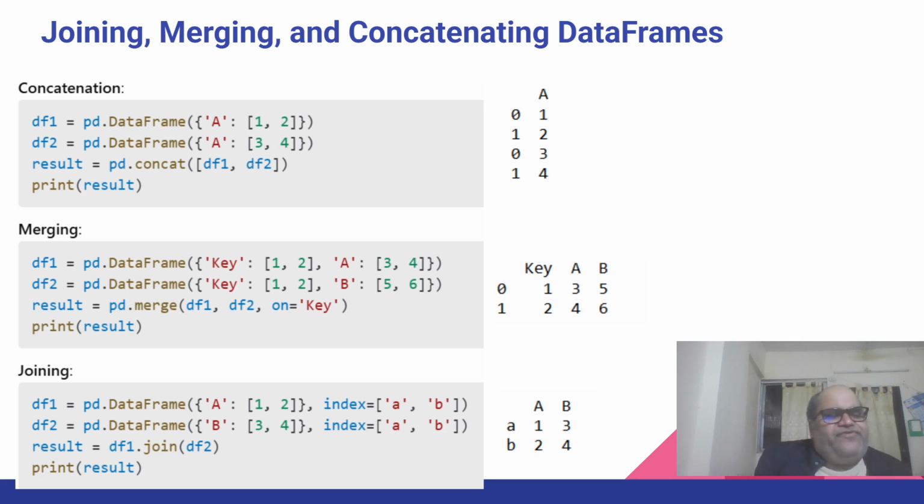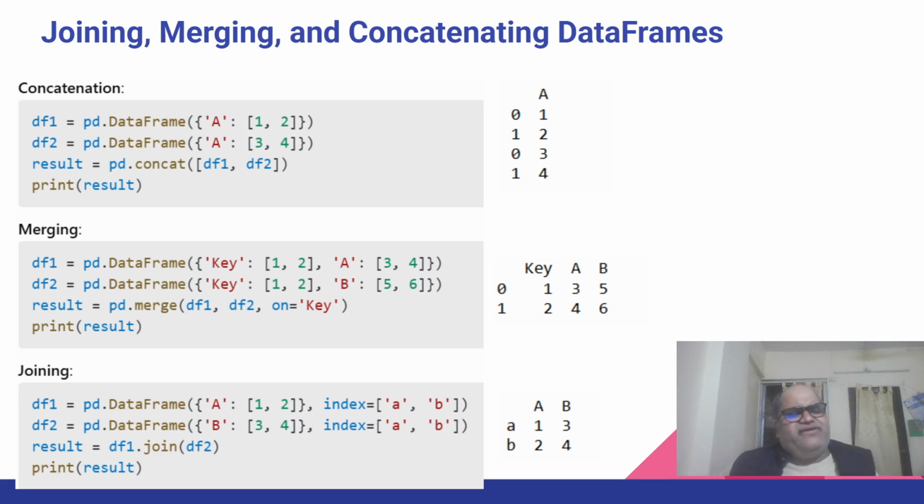Merging: if you have df1 where you have column key with values 1 2 and column A with values 3 4, and say another data frame with column key 1 2 and B 5 6, right?